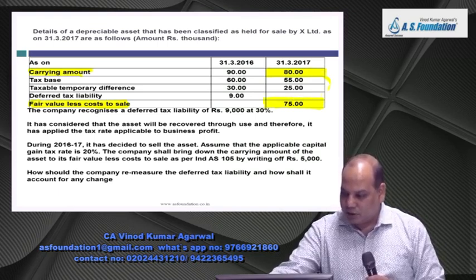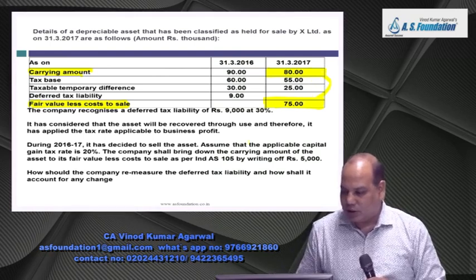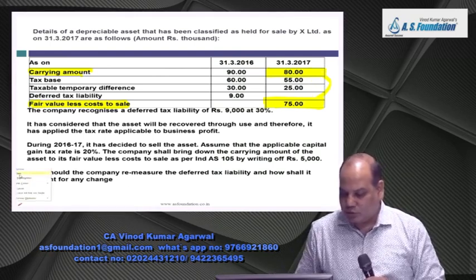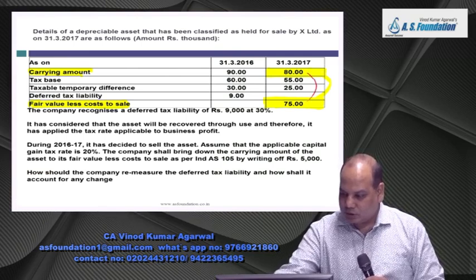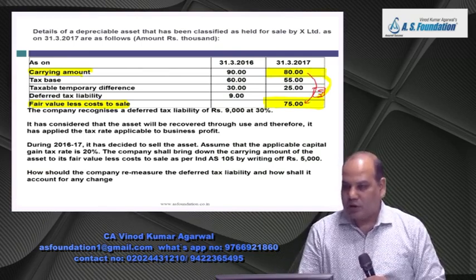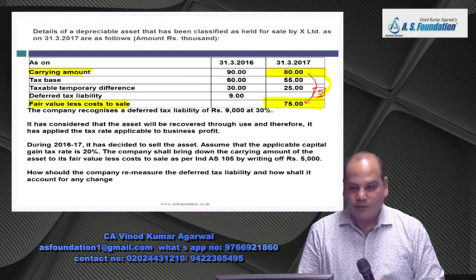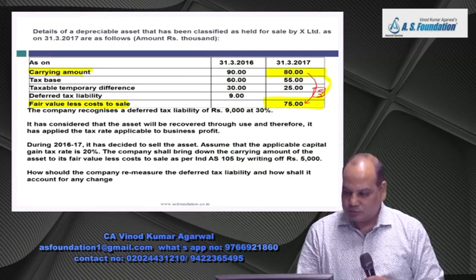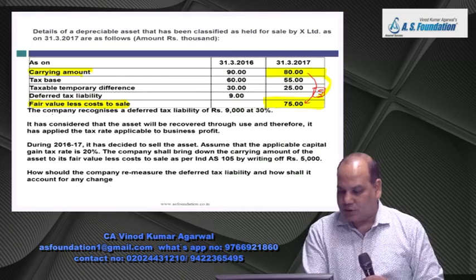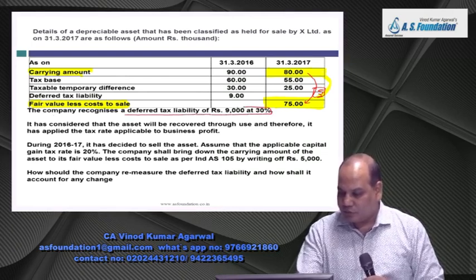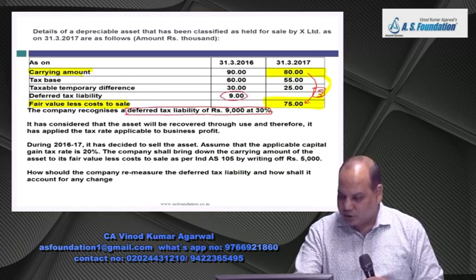So you have to write down the carrying amount by 5. Now there are two possibilities. The tax laws may allow you reduction in value of the asset by 5, or the tax law may not allow you. Accordingly, write the answer in the exam. The company recognizes a DTL of 9,000 at 30%. This is the figure they are talking about.